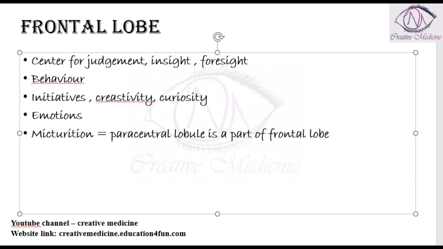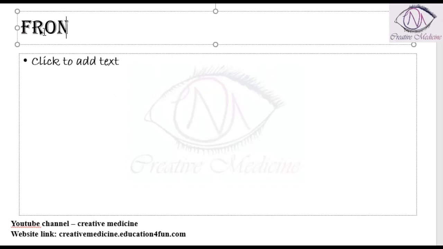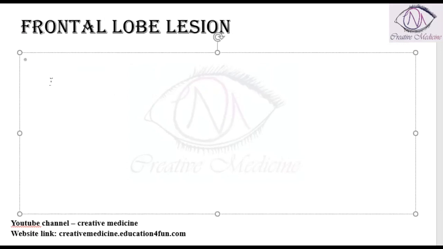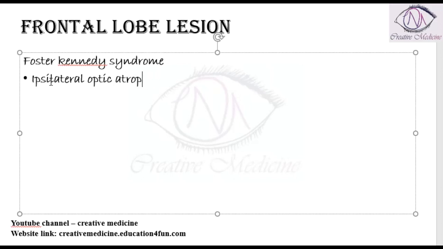Now if there is a frontal lobe lesion, this frontal lobe lesion has many types. First, we have Foster Kennedy syndrome. In Foster Kennedy syndrome, the patient will have ipsilateral optic atrophy with contralateral papilledema.